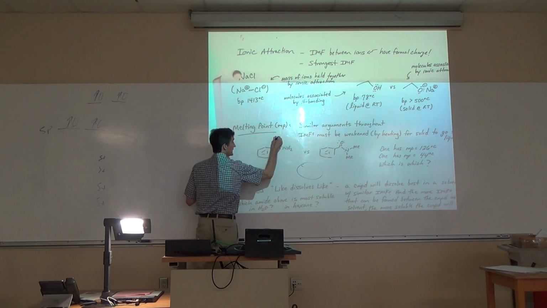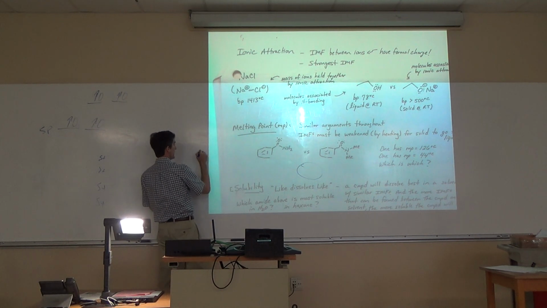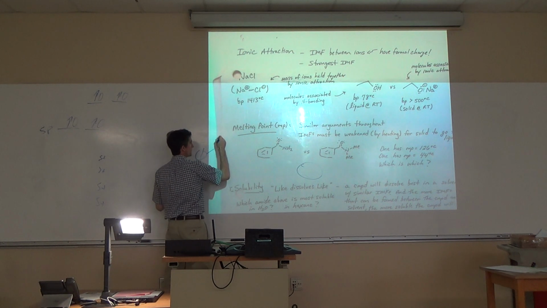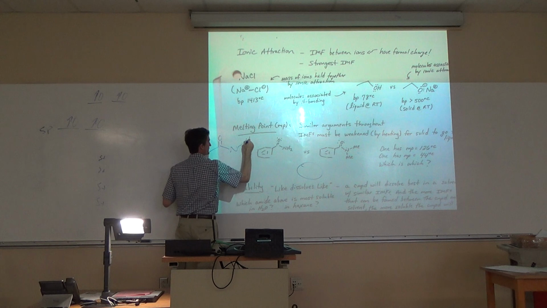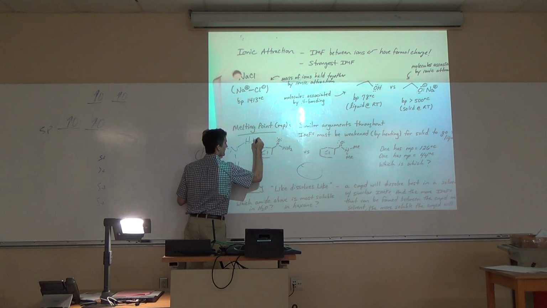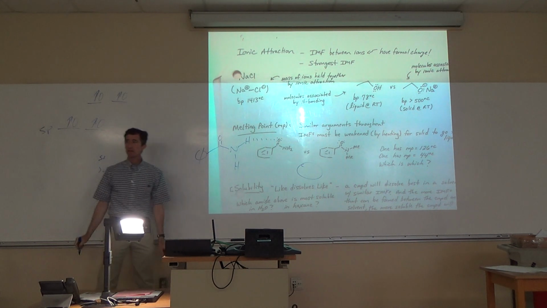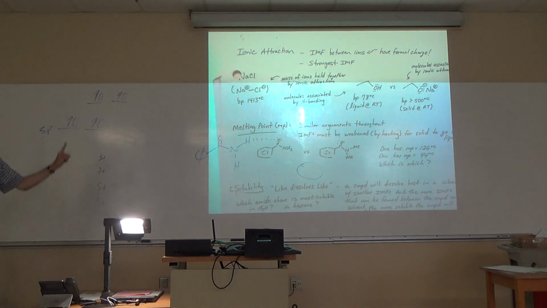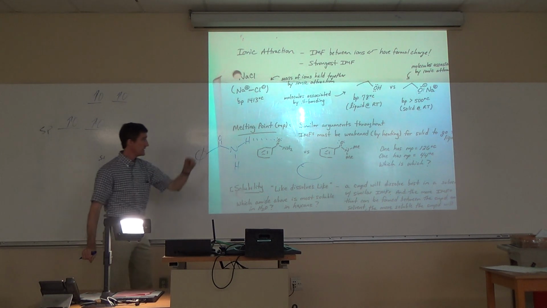This one can, because I see an acceptor, and then I can have another molecule. There's a benzene ring, that's quick for the benzene ring. I could draw this over here, and put this H here, and then look at here. There you go. I can show an IMF between two different molecules. That's going to make that one have a higher melting point relative to the other one. You can't do that with the other.